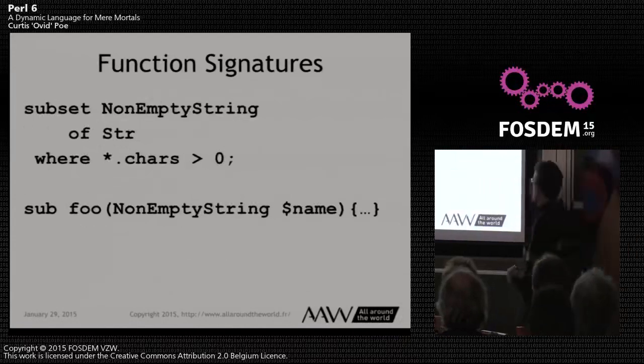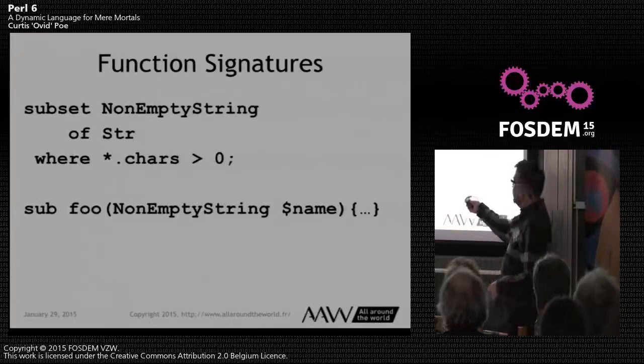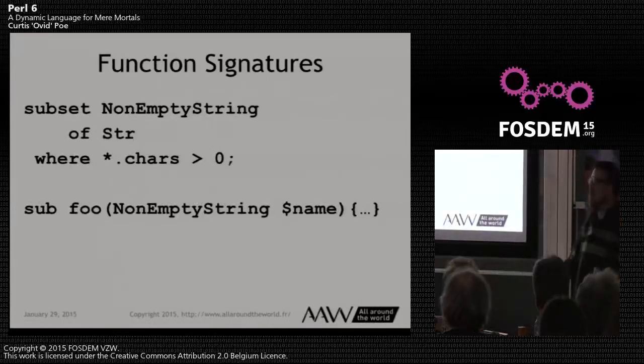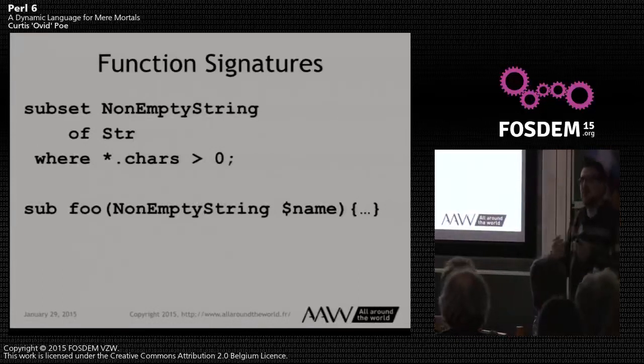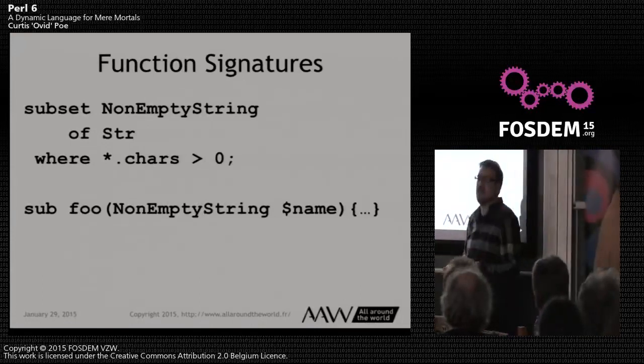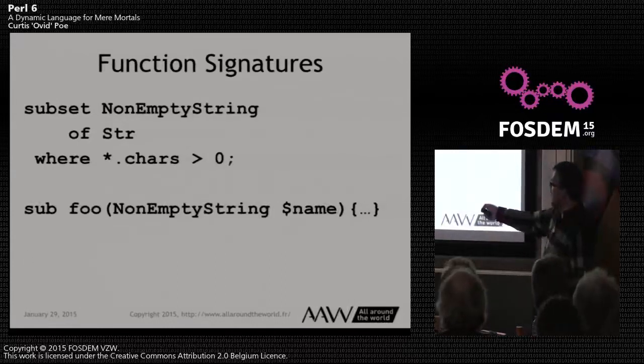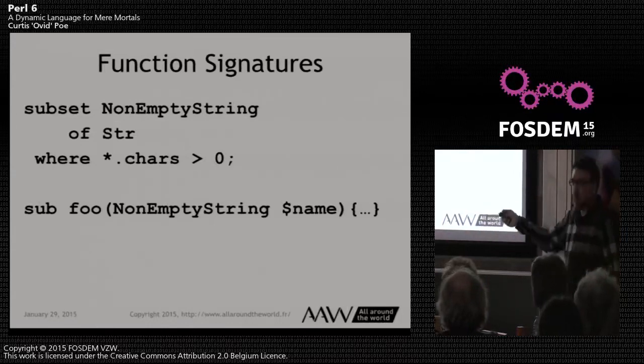The last one, I really like that last one. This particular constraint, subset non-empty string of string where whatever we got, chars greater than 0. I hate all the time expecting to get a string, and I have to check to see if it's an empty string. Here, I'm just writing my own type on the fly, saying this better not be an empty string, and I just declare it there. I don't have to write a class.